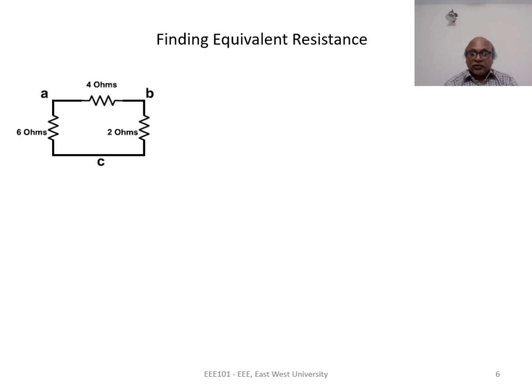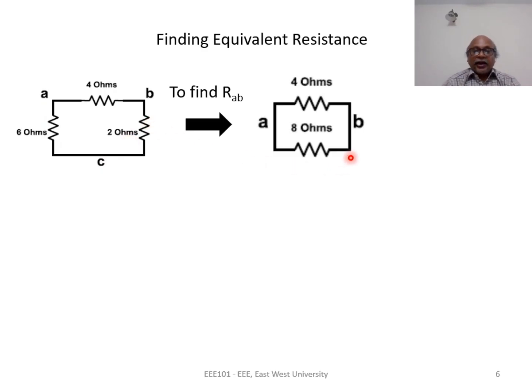4 ohms and 2 ohms cannot be combined because observation nodes cannot be allowed to vanish. Okay? So how do we calculate RAB? We will look at node C. We combine these two resistors and we get 8 ohms between node A and node B. Node 4 is already there. So if we now look at this circuit, we can say that 4 ohms and 8 ohms are connected in parallel.